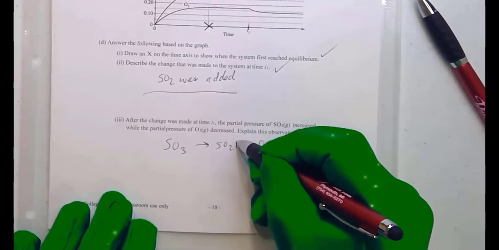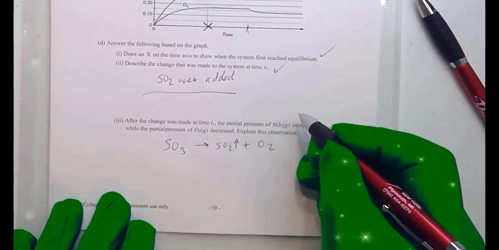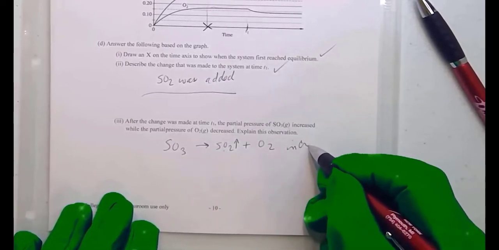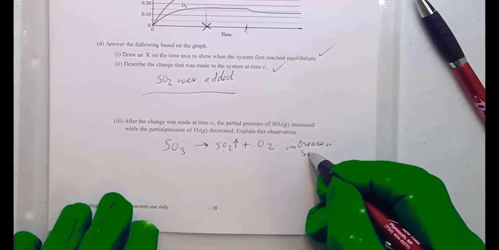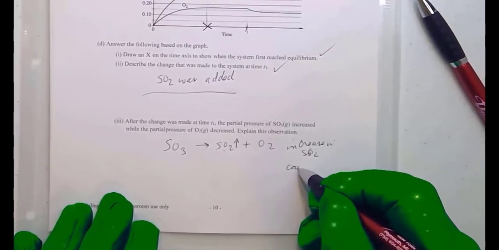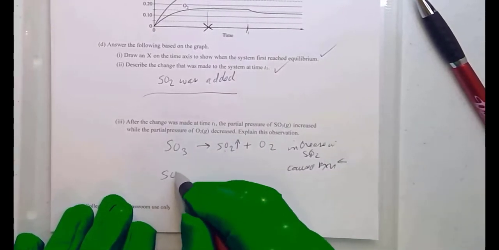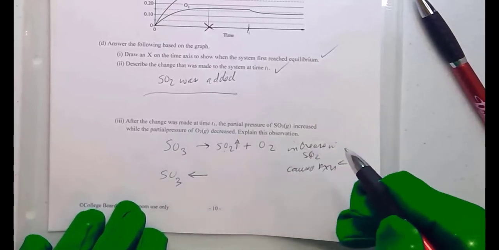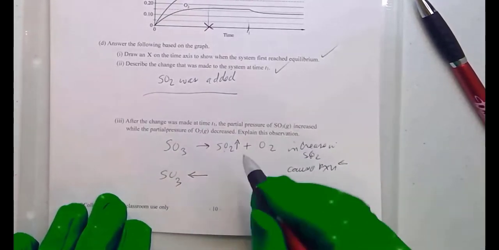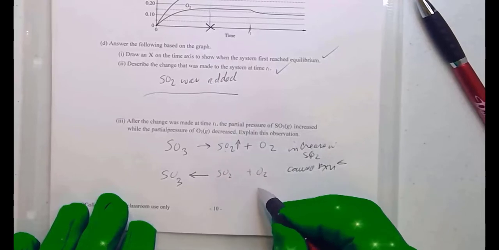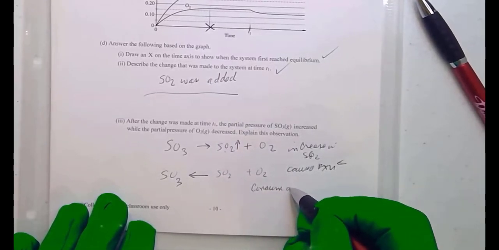So, the increase in SO2 caused the reaction to go backwards. So SO3 went backwards, and SO2 plus O2 is consumed, and this is increased.